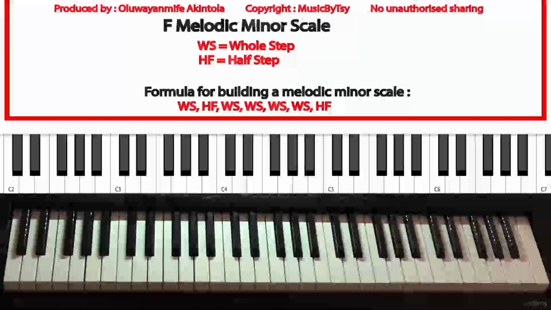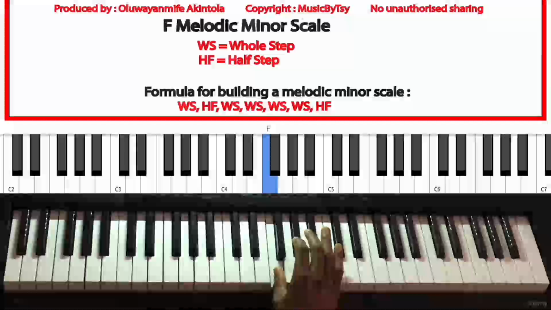So what we're going to do is we're going to take this F natural minor scale and then we're going to increase the 6th note by a half step, and then we're also going to increase the 7th note by a half step, and that is going to give us the F melodic minor scale. So yeah, let's do that.